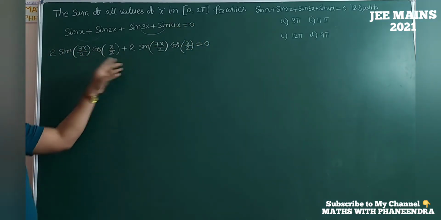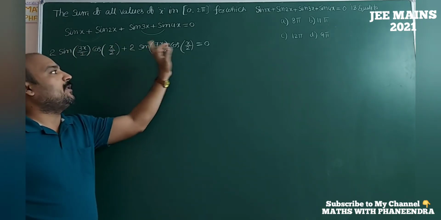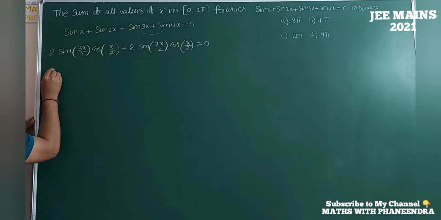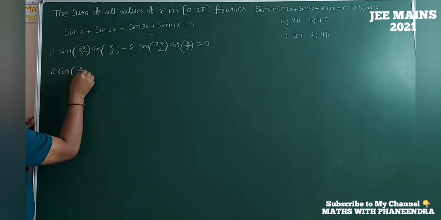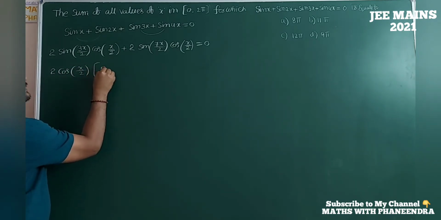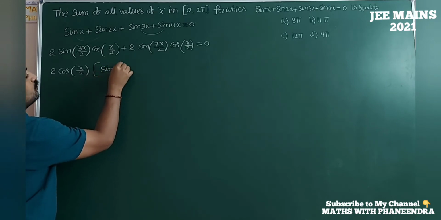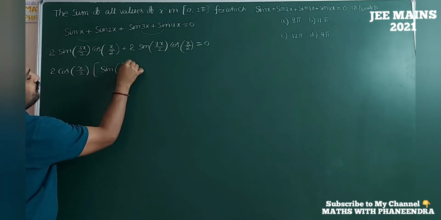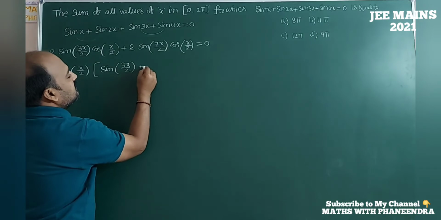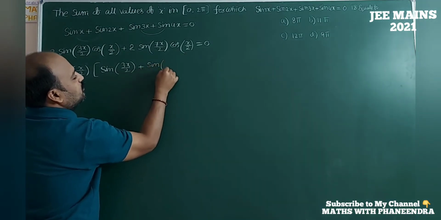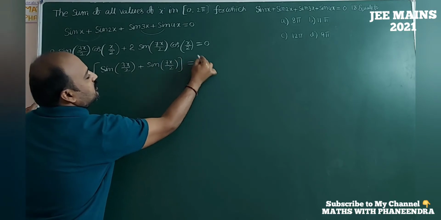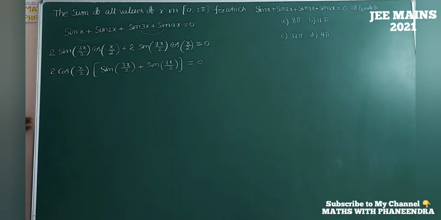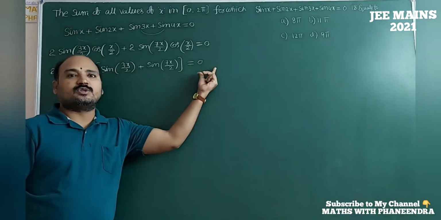From these two, I am taking 2 cos x by 2 common. The rest of the terms, sin 3x by 2 plus sin 7x by 2, is equal to 0. So the product of two terms is equal to 0.